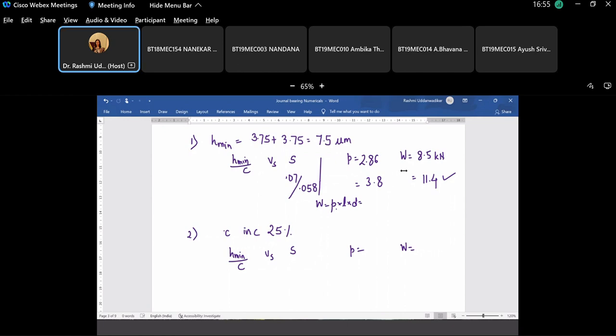For 3.6 MPa, whatever the value of pressure you are getting. This one's done, 11.4 kilonewton.